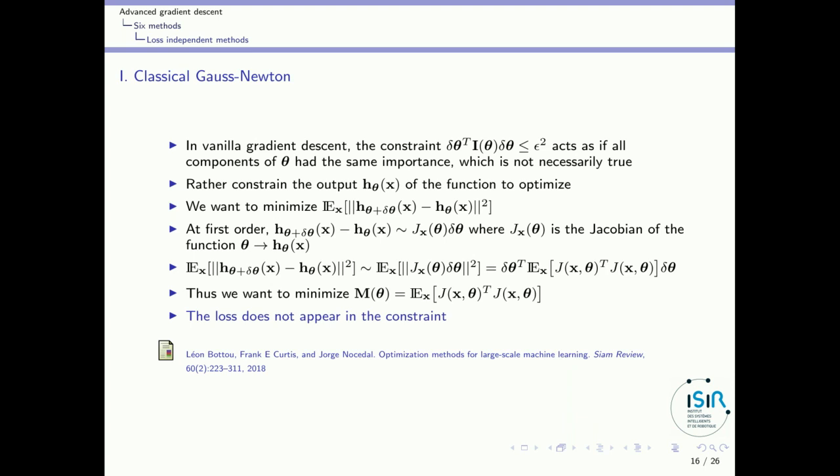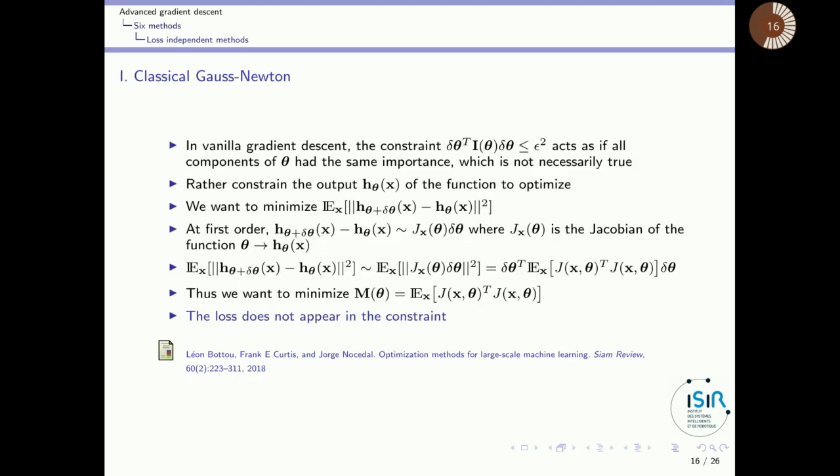So in fact, I want to minimize the function f, the matrix M of theta, which is expressed this way. And as you can see in all what I have said here, the loss function L of theta never appeared. So this method, as well as the next methods that we will see, are completely independent of the loss function. We want to have the constraint on the output and not on the loss itself.